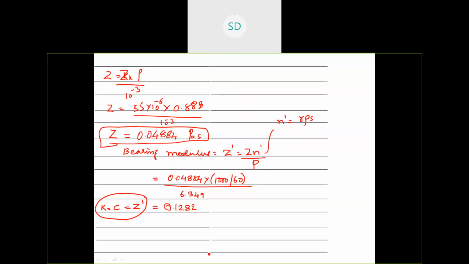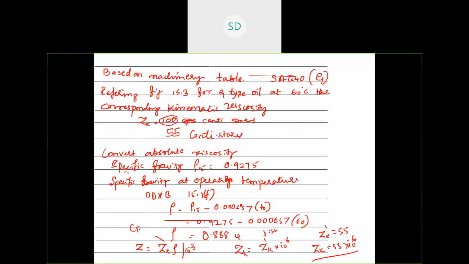Let us first go back again. Now this kinematic viscosity, if you multiply 55 into 10 to the power of minus 6, you are going to get it in terms of meter square per second.